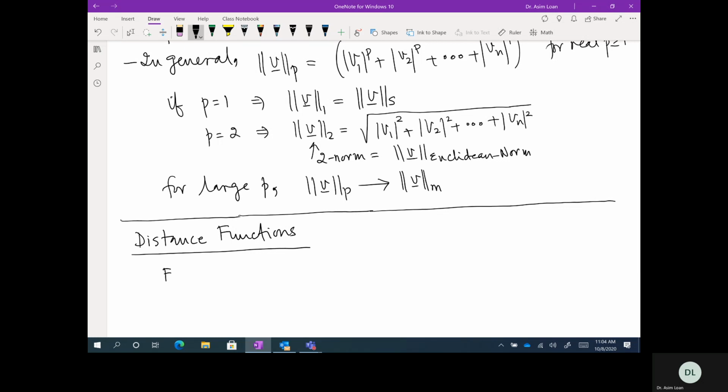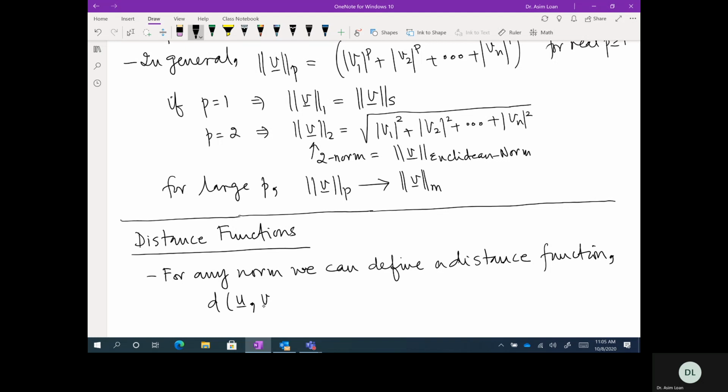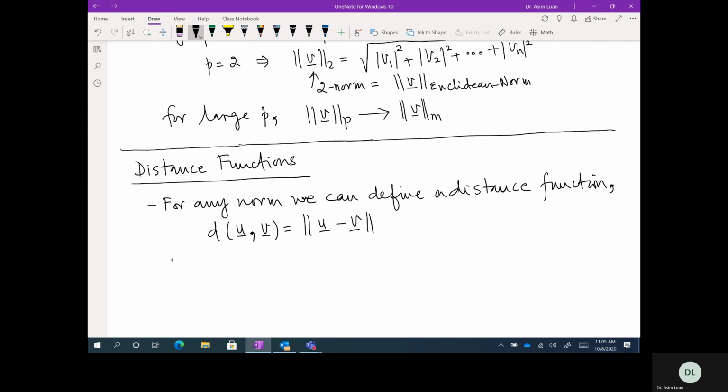For any norm, we can define a distance function d(u, v), which is the norm of u minus v, with the following 3 properties. And what are those 3 properties?